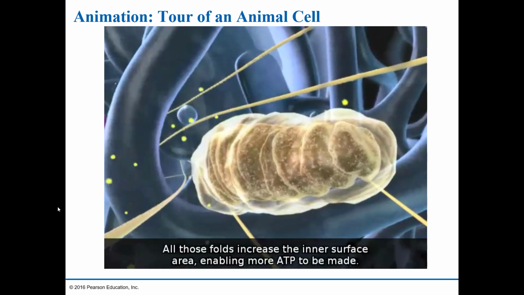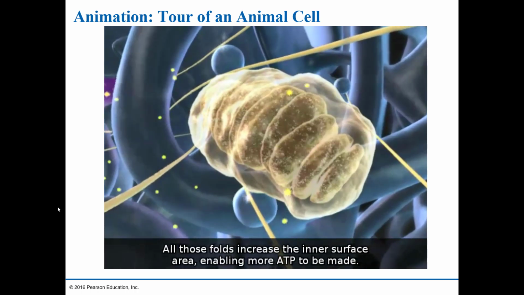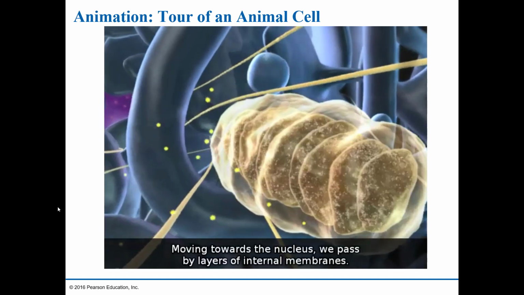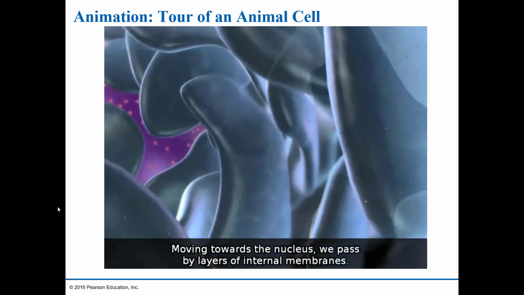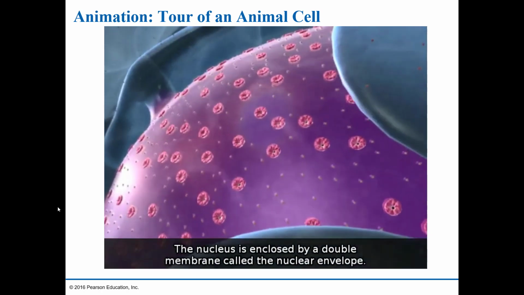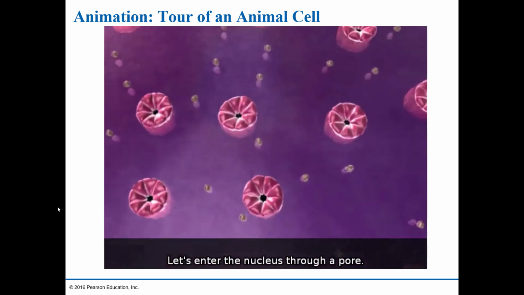All those folds increase the inner surface area, enabling more ATP to be made. Moving towards the nucleus, we pass by layers of internal membranes. The nucleus is enclosed by a double membrane called the nuclear envelope. Let's enter the nucleus through a pore.